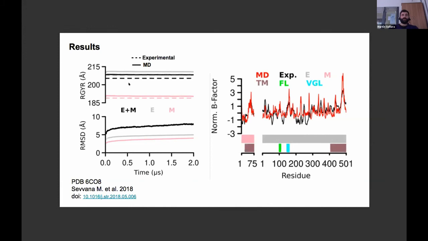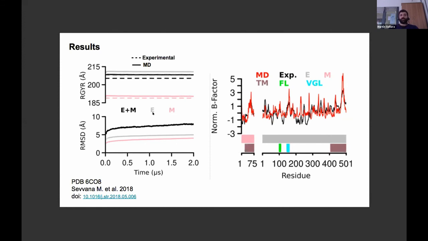Here values are reported for the entire VLP, envelope plus membrane proteins, and also averages over individual monomers. The dashed line here corresponds to the experimental radius of gyration of the VLP. As you can see, we find a very good agreement with experimental data.